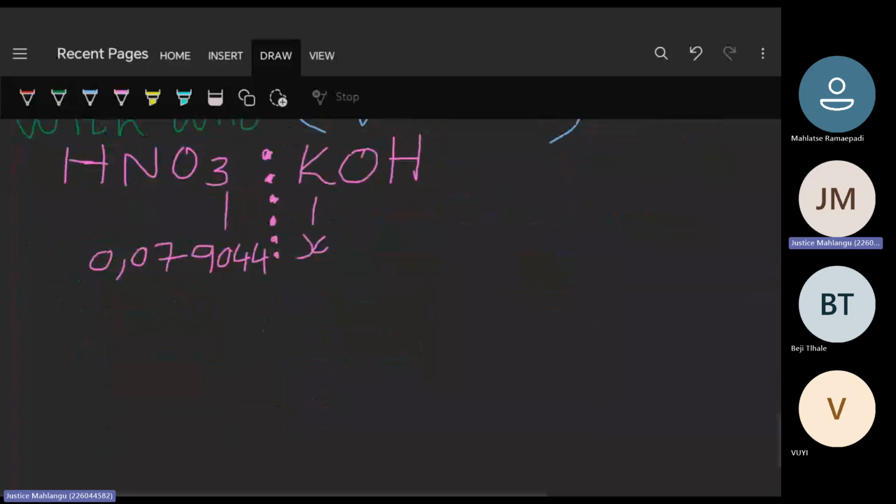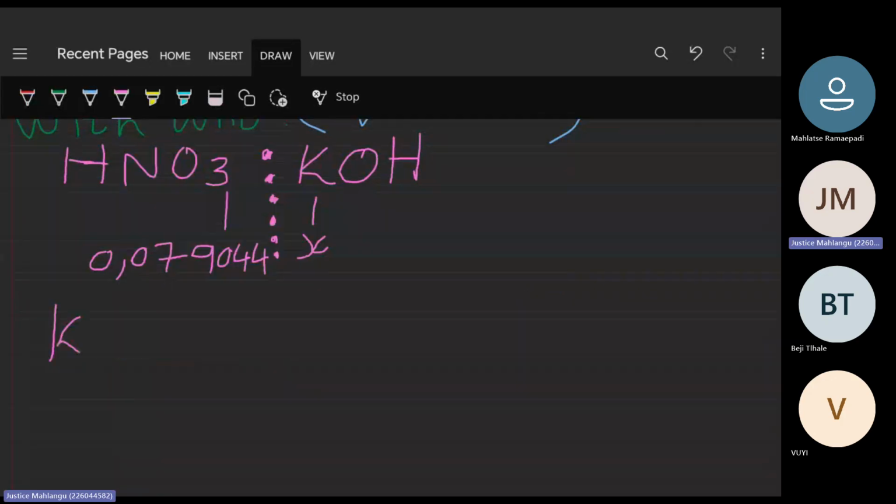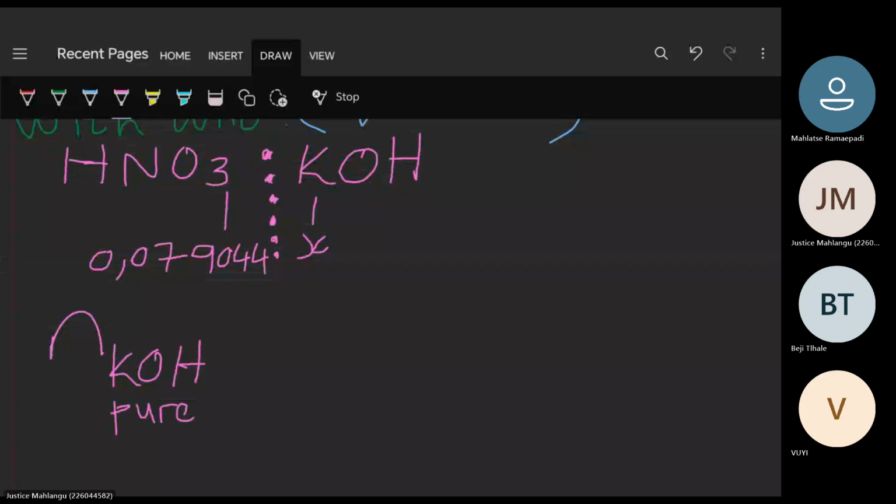Now we get the number of moles of potassium hydroxide that reacted, the pure one that reacted. Remember, we had impure potassium hydroxide that we put in here.